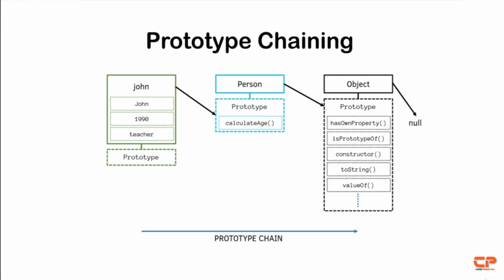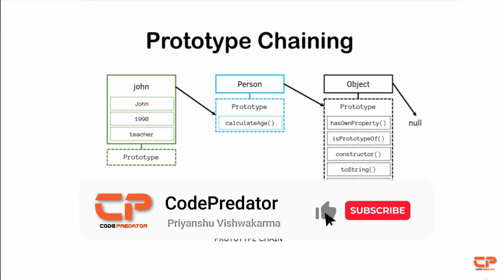So what happens is, say you want to access the method toString, which is a part of the prototype of the JavaScript object, and you want to use it inside John. So if you do john.toString, JavaScript will try to search inside the prototype of John, which is the prototype property of the parent, which is person.